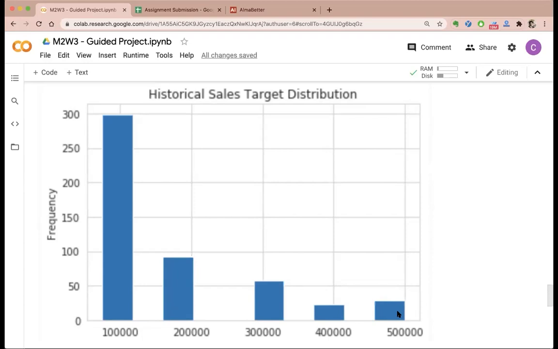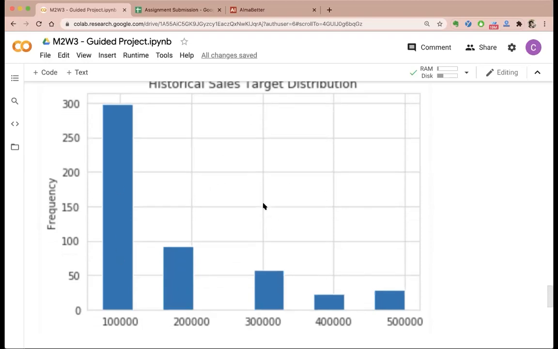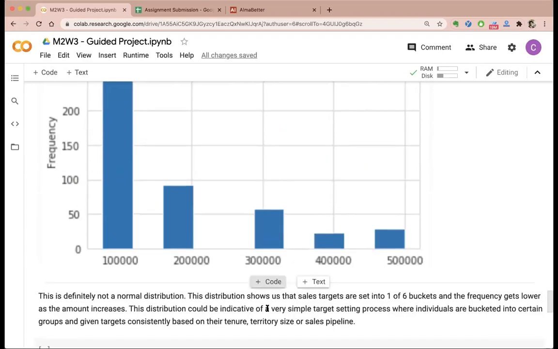Basically, this historical sales target distribution is a good way to look at it, because it shows us that sales targets are set into six buckets, and the frequency gets lower as the amount increases. This distribution could be indicative of a very simple target-setting process where individuals are bucketed into certain groups and given targets consistently based on their tenure, territory size, and/or sales pipeline.